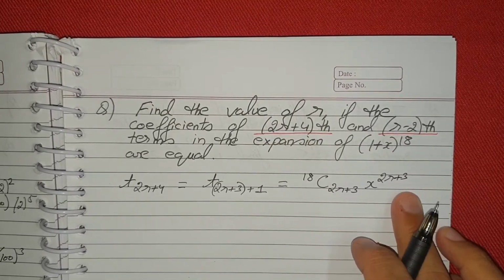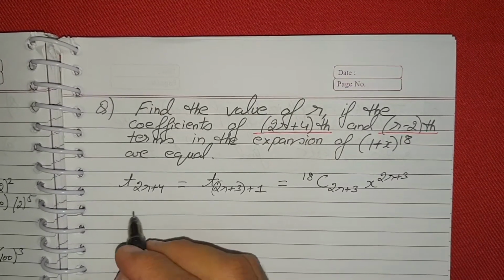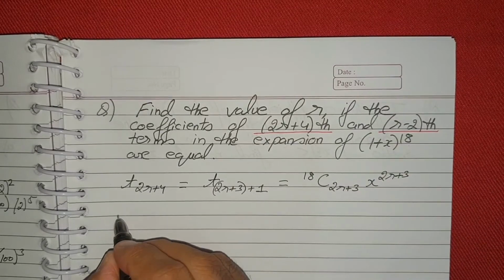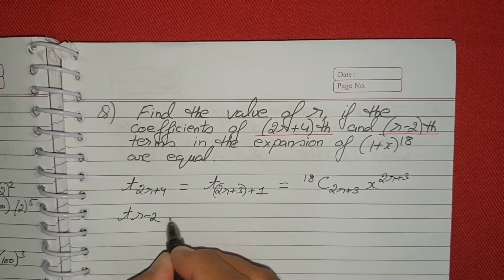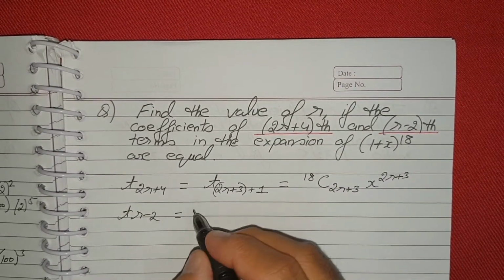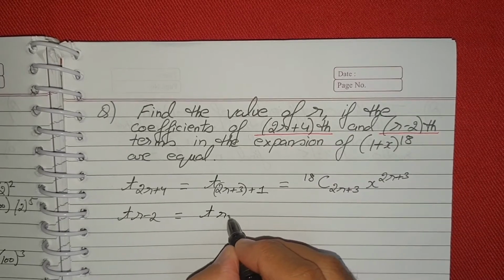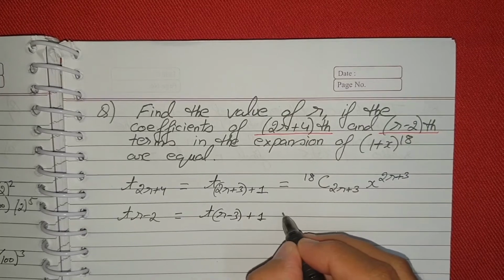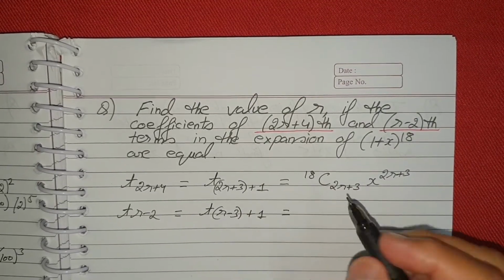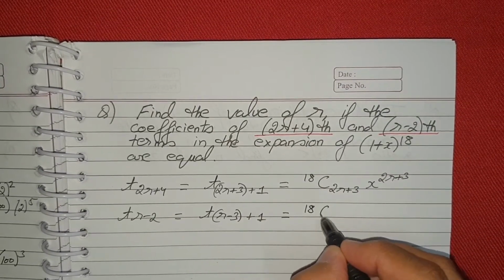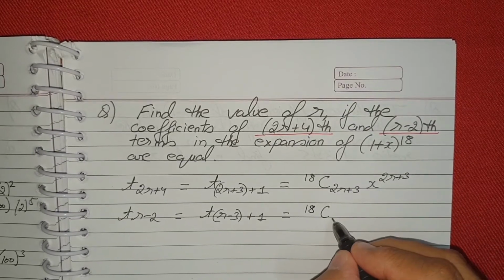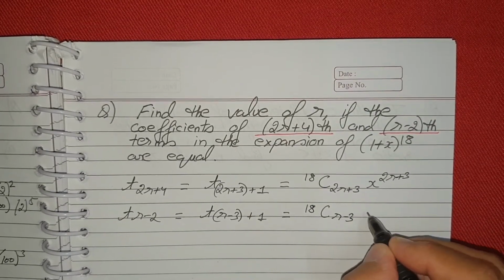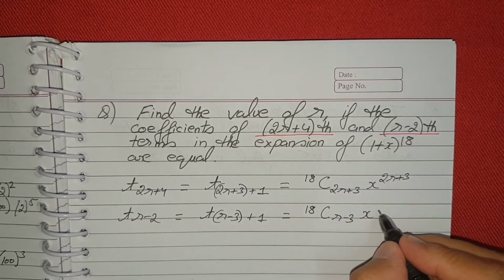Okay. And the next term is r minus 2. So, T r minus 2, you can write this as T r minus 3 plus 1, and this is equal to 18 C r minus 3, x to the power r minus 3.